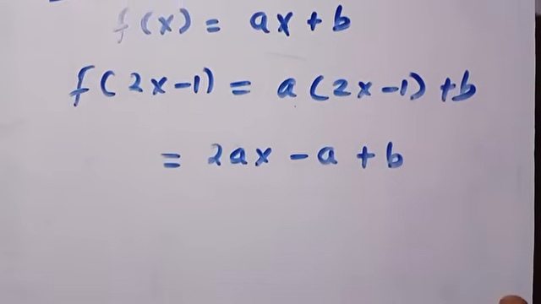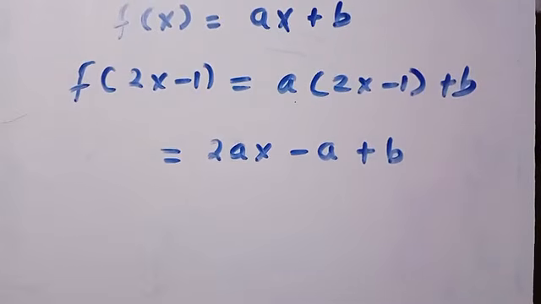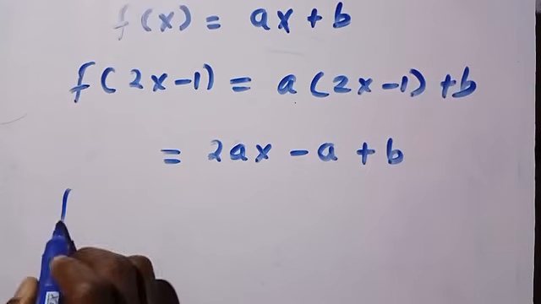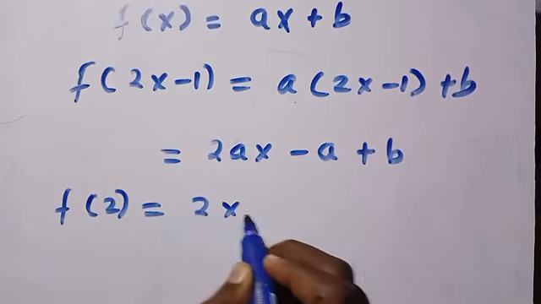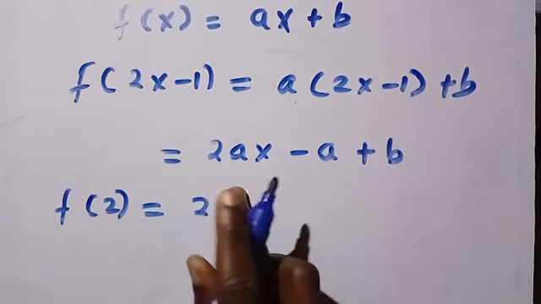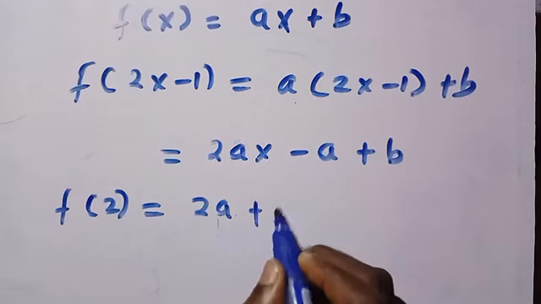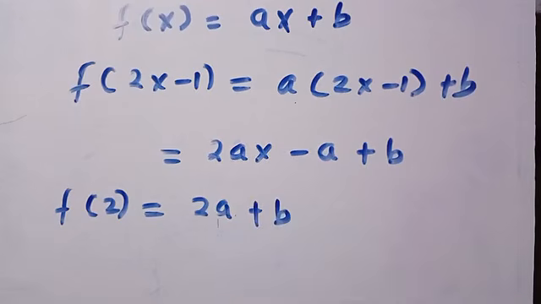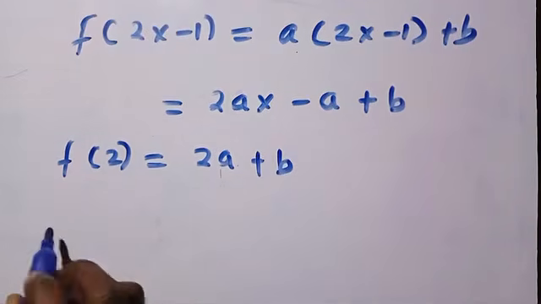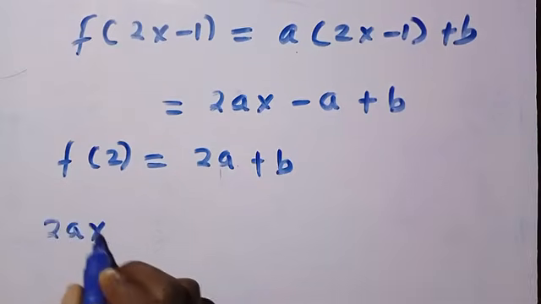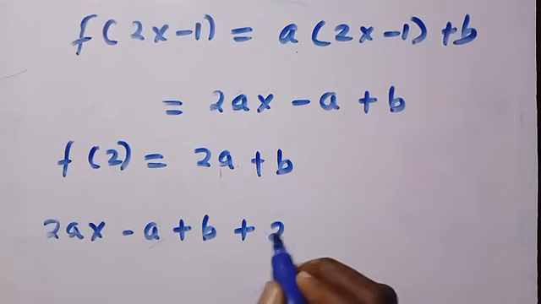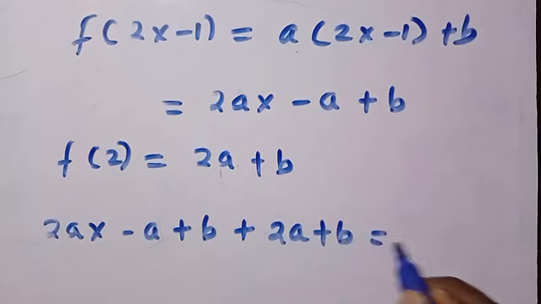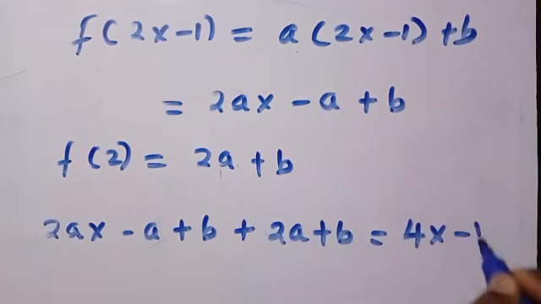Before adding this together, let's find f of 2. Anywhere we see x, we replace it with 2. Therefore, we have 2a plus b. Then we add this together. For this first one, we have 2ax minus a plus b. Then plus f of 2, that is 2a plus b, equals 4x minus 1.